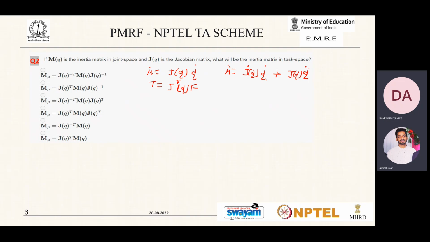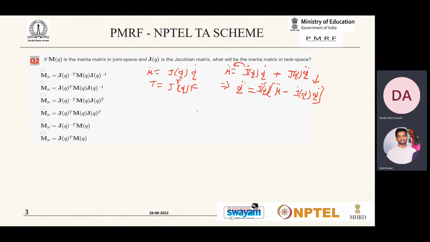Further, you will get q double dot equals, taking this to the other side, mu double dot minus J dot q dot. And if you take this bracket, you have to write J inverse of q here.